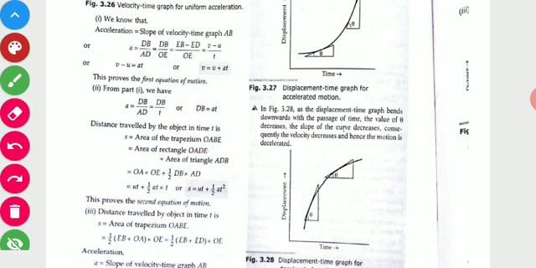From the diagram we can see that OA is equal to u and OE is t. Here we have discussed that dB is equal to at. We put in the values of dB and AD, and we get ut plus half at square. This is our second equation of motion.